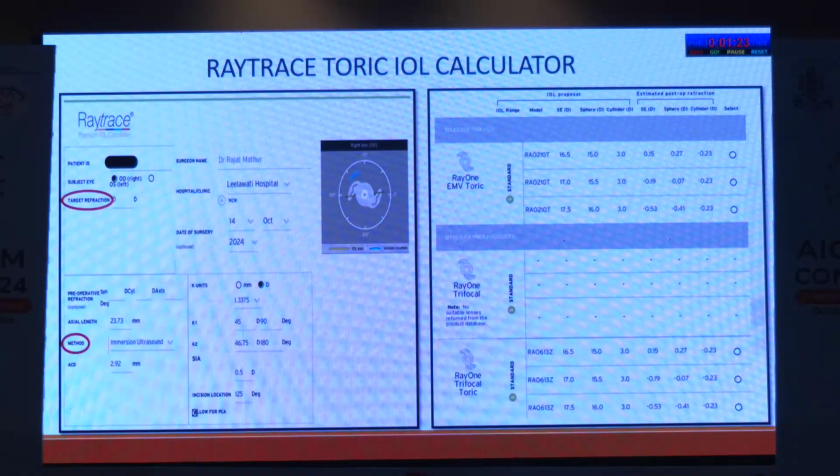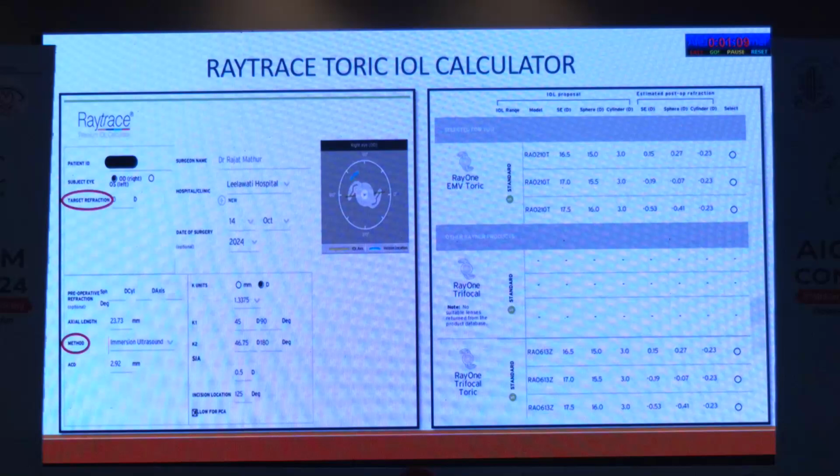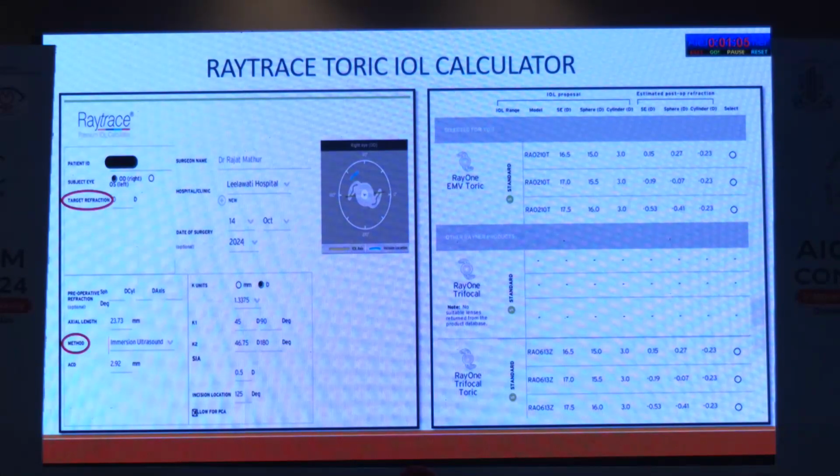It's a contact or an optical or an immersion, so it will give your readings. And you can fix a target refraction as well. For the first eye, you can fix an emmetropic, a dominant eye, or for the second non-dominant eye, whichever you take, you can fix it for minus 0.5 or minus 1 or minus 1.5.